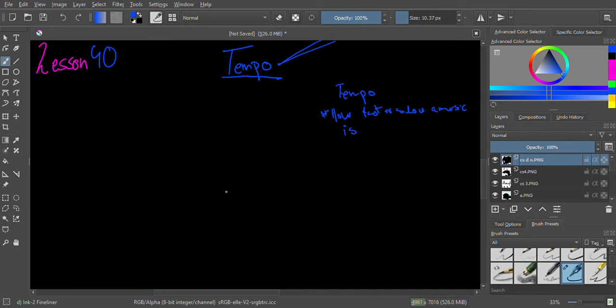Let's slow down first. 1, 2, 3, 4. And if I speed it up, 1, 2, 3, 4, 1, 2, 3, 4. That could be written with the same sheet music, but because I'm counting 1, 2, 3, 4 faster, then it becomes fast, right?